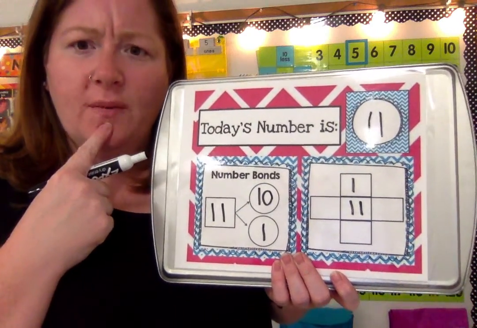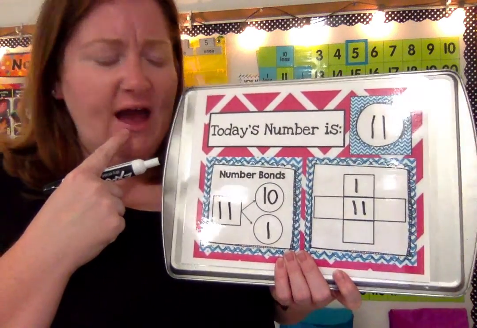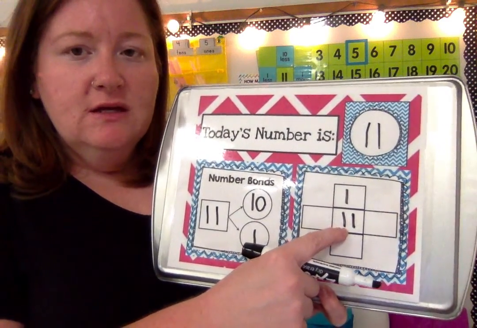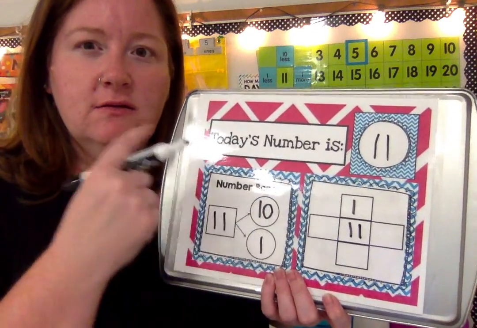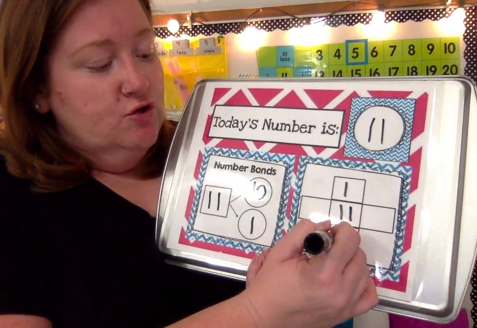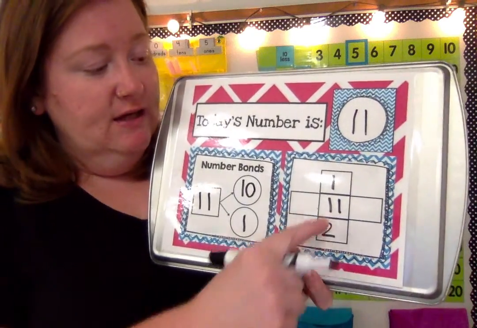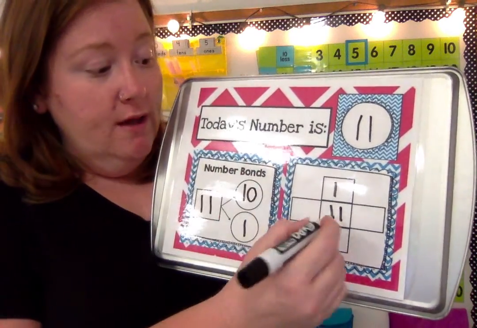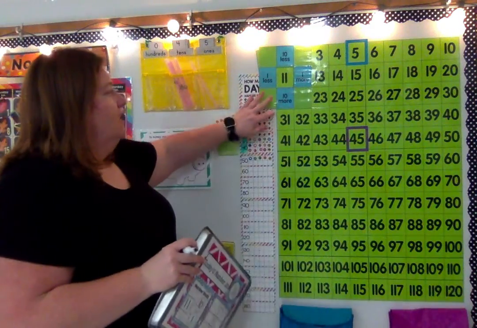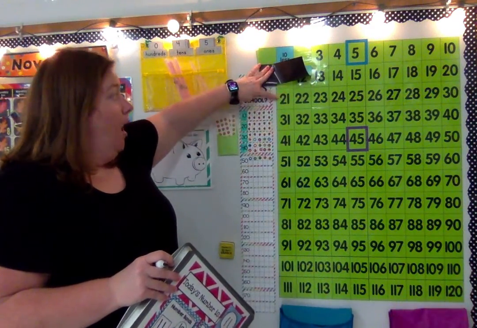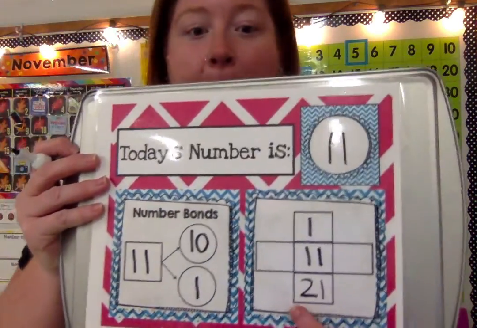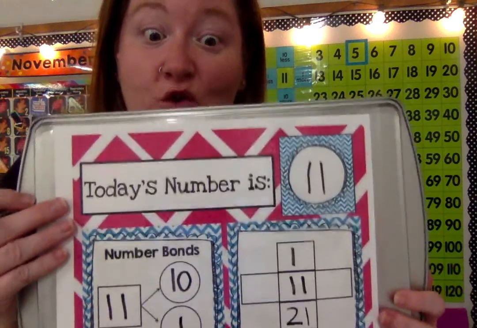What would 10 more be then? If I added another group of 10 here, 10 and 10. Did you say 20? It would be 2 tens, which would be 20. But then I still have 1 one. Let's see if 21 is our number. I have 10 more. Did we figure it out? We did. 10 more is 21.